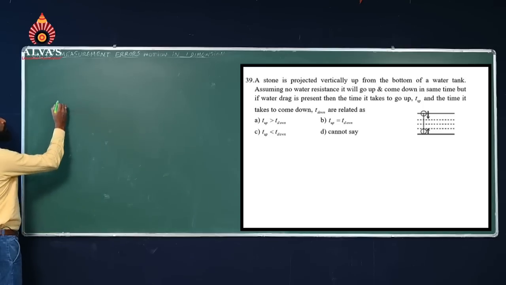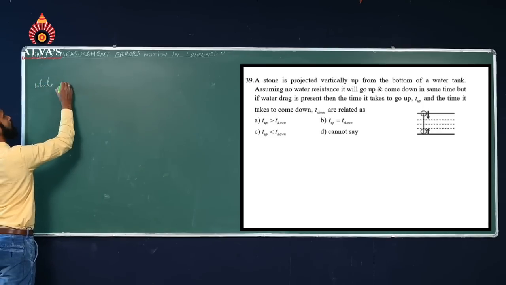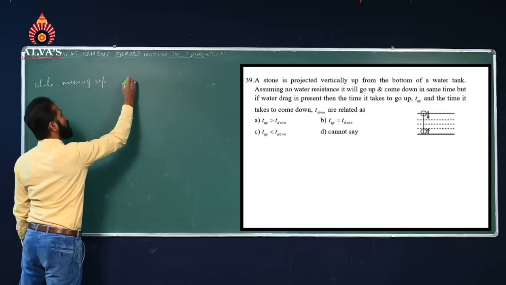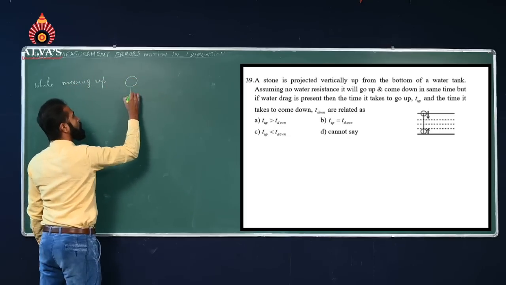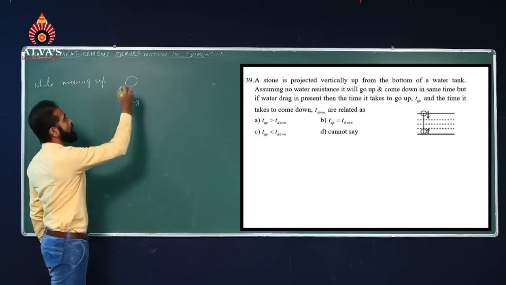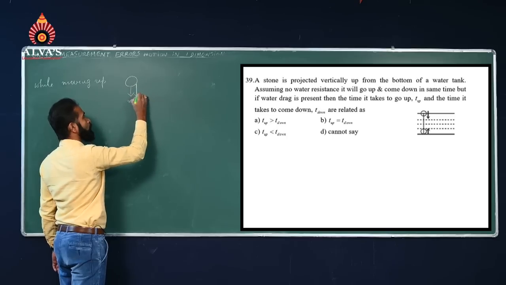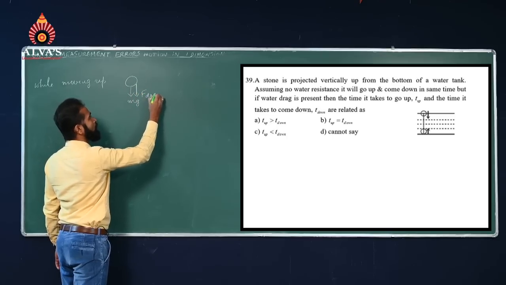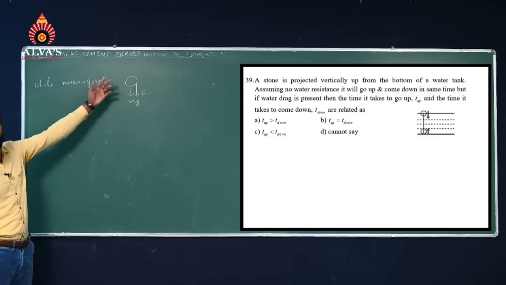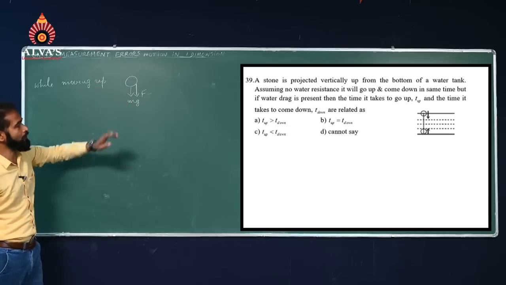Now consider this object while moving up. While moving up, the weight of the object acts downwards, that is mg, and since it is moving up, the drag force, or I'll simply write it as a drag force, also acts in the opposite direction of motion. The body is moving upwards, so the drag force must be acting downwards.